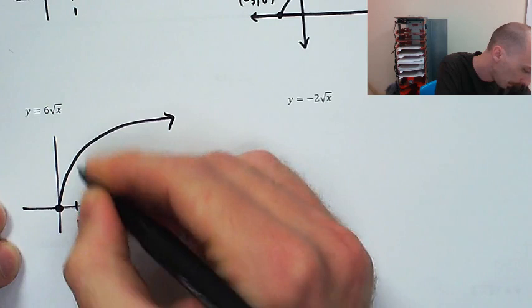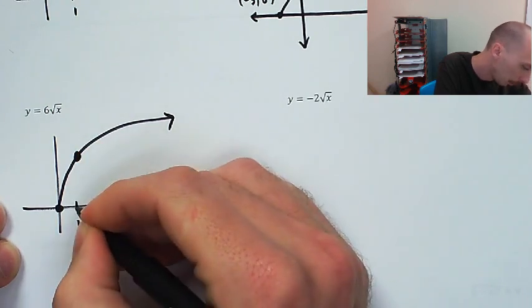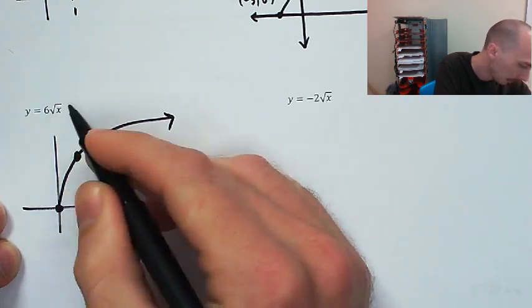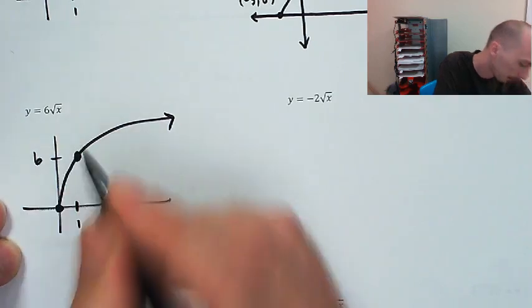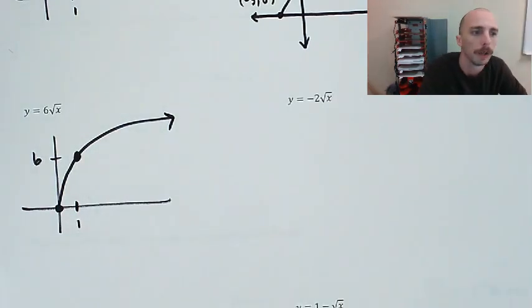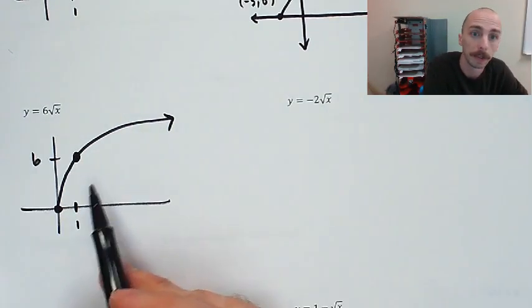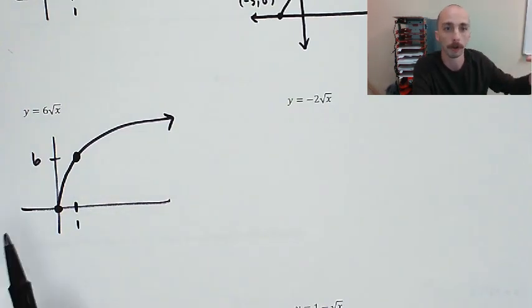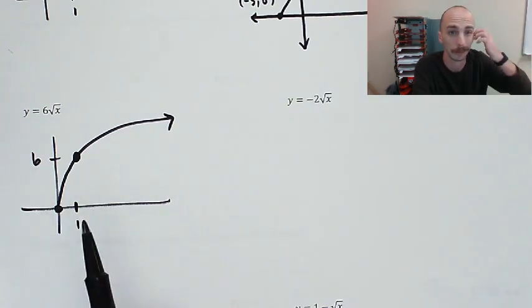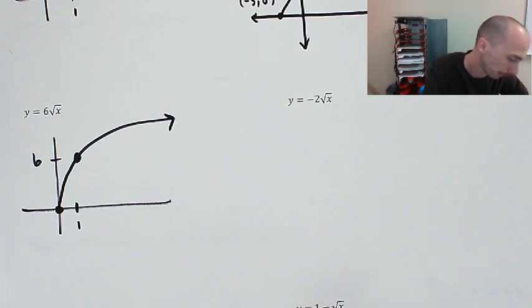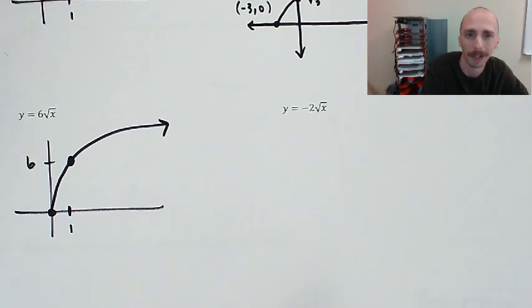Maybe we label that as 1. When I plug in x equals 1, I'm taking 6 times the square root of 1. That would be 6. Something like that, just to indicate that this thing is taller. It's growing faster at first. However you want to say it, use your own words. I'm not going to ask you to describe the difference, I'm just going to ask you to sketch the graph.